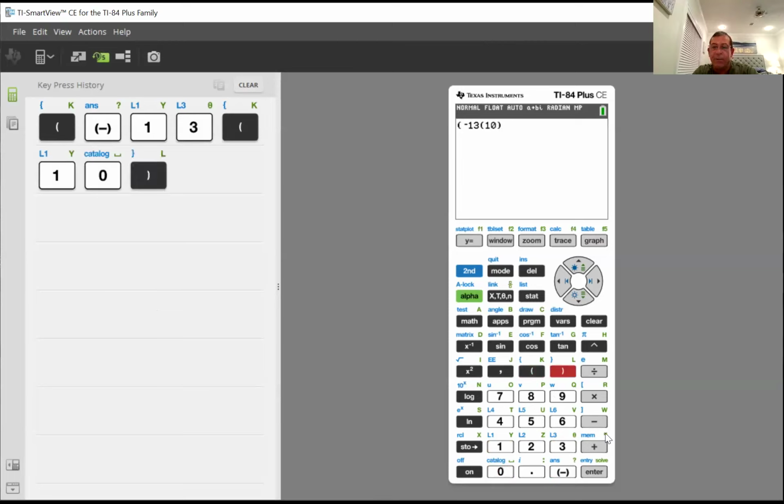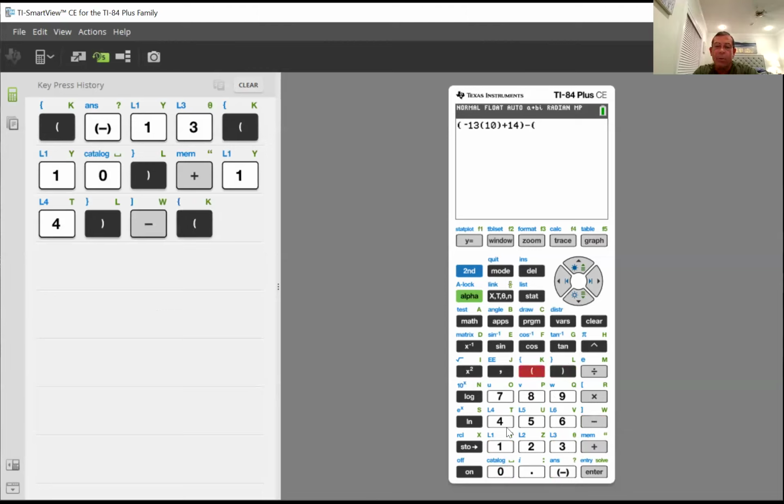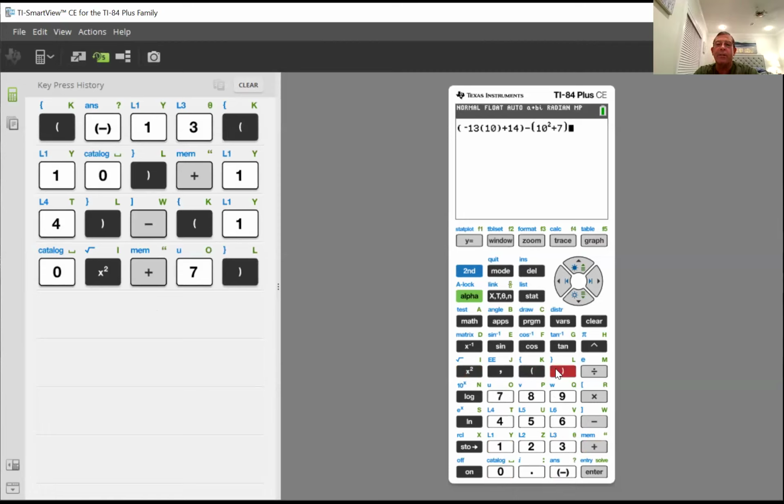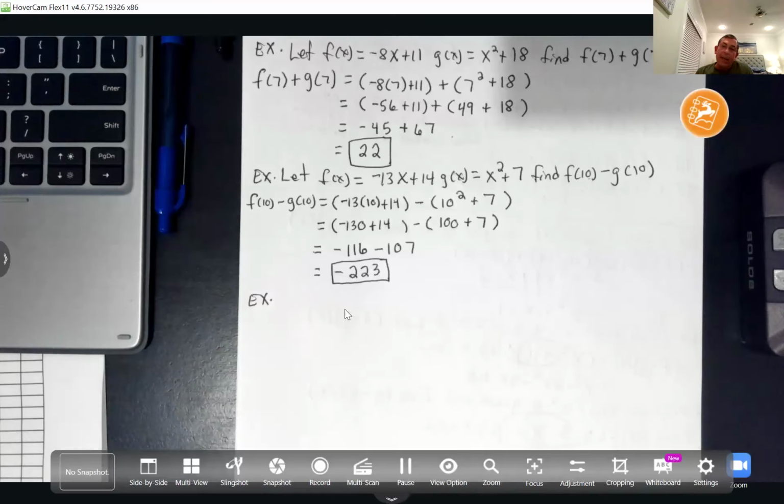And then it was plus 14. Close parentheses minus the second parentheses, which was a 10 squared plus 7. And then I can close those parentheses. So hopefully we end up with our negative 223. Okay. So any of those where they give you numbers to put in, they can be done on your calculators, okay?